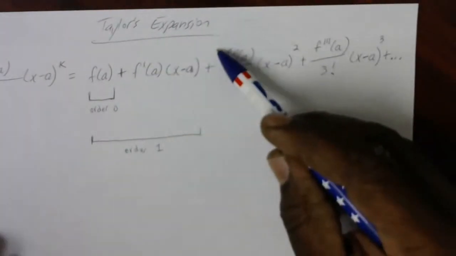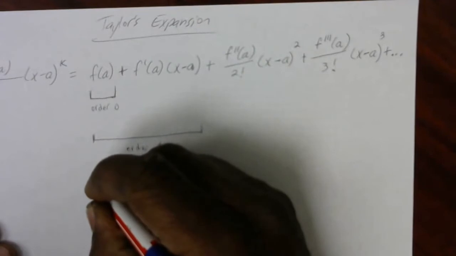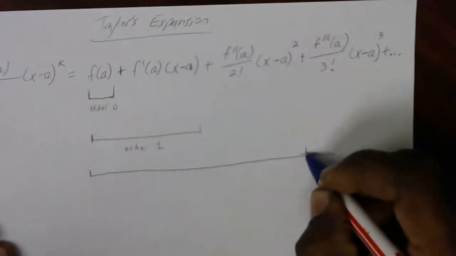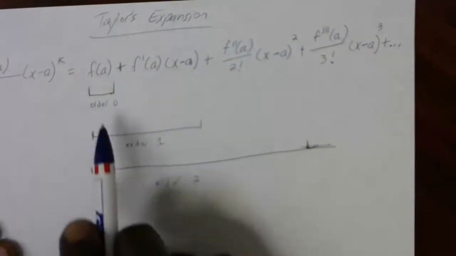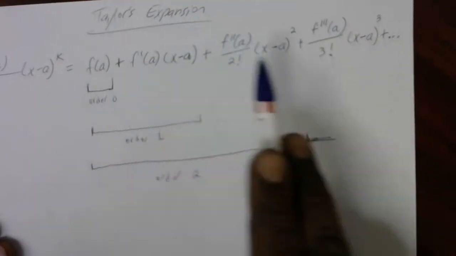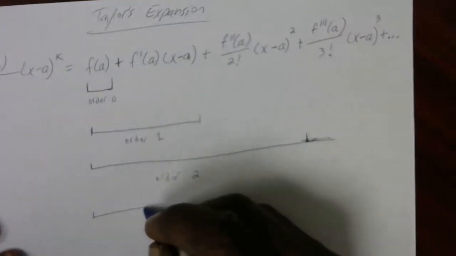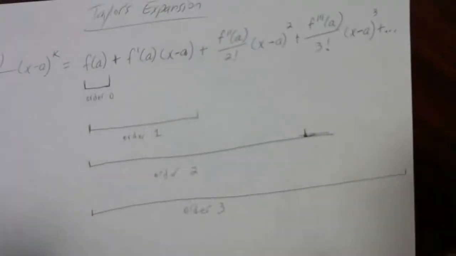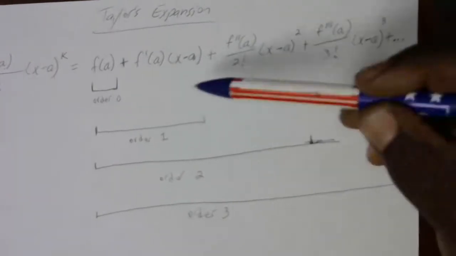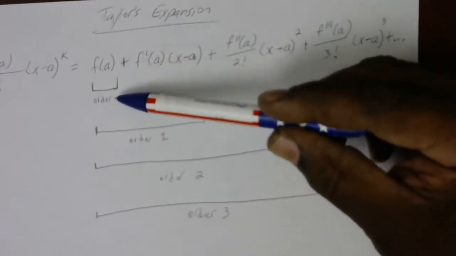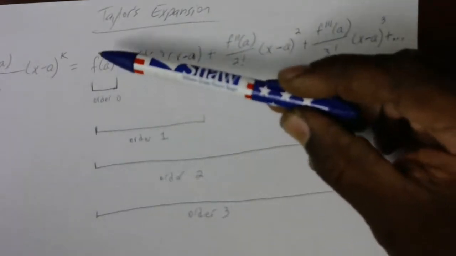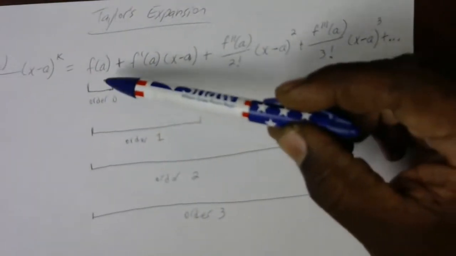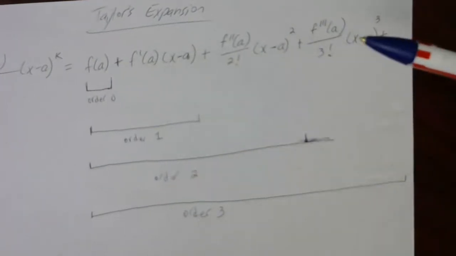If you're asked to write out a Taylor polynomial of order 2, that would consist of your first 3 terms: order 0, order 1, and order 2. And then order 3 would consist of the first 4 terms, and so on and so forth. So keep in mind that order 0, or the Taylor expansion of degree 0, is your first term. The Taylor expansion of degree 1 would be your first 2 terms, and so on.